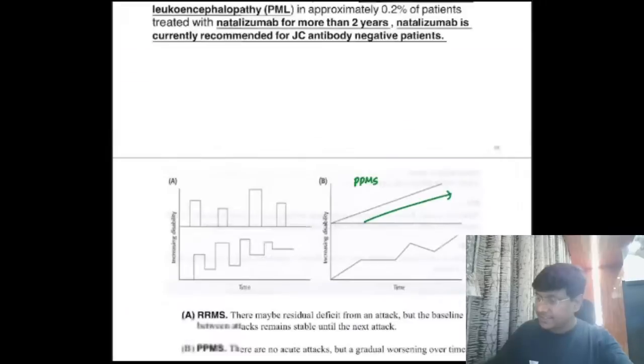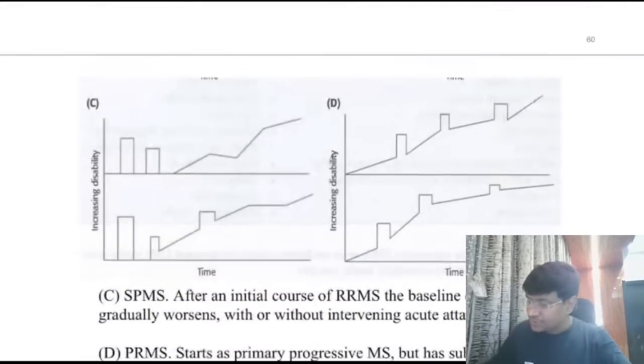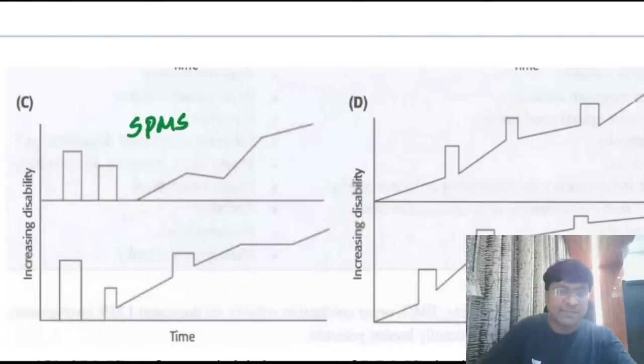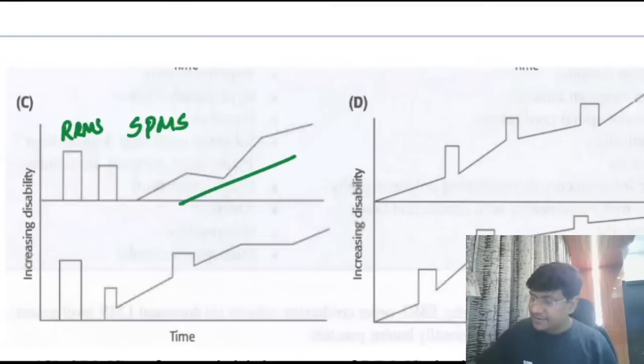Okay, right. Now the other forms of multiple sclerosis, if you see, this is your SPMS. Now what do you understand by this word SPMS? SPMS is secondary progressive multiple sclerosis. That means initially it will be RRMS and later there will be progression of multiple sclerosis. That is called secondary progressive multiple sclerosis.